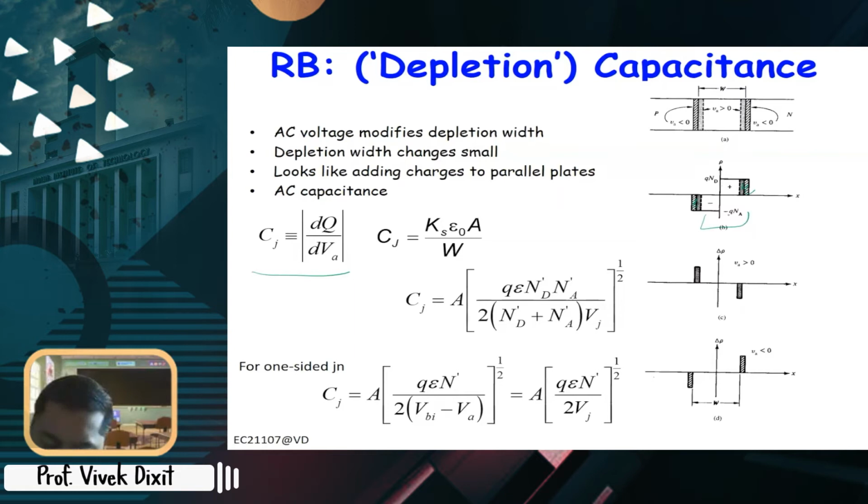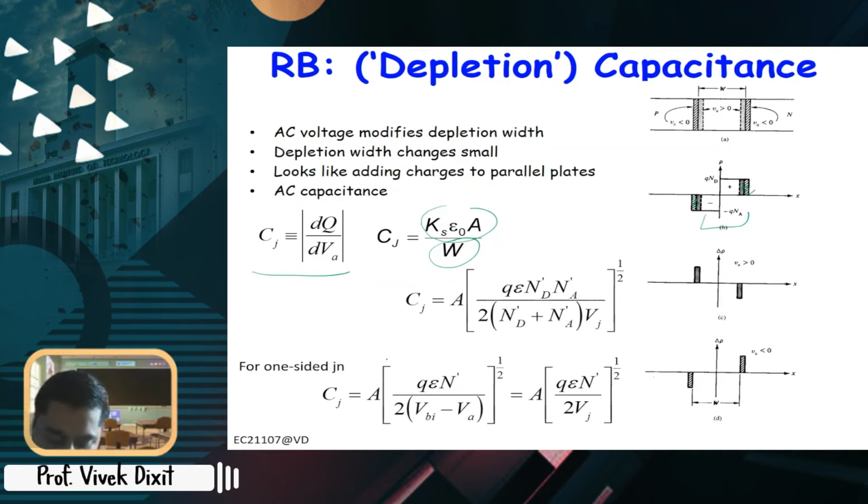Because charge is added at the two sides of the depletion region, you can say it is the charge added divided by the width, so you can write epsilon A by W. W is basically the width of the depletion region. So you can directly write it or you can differentiate, and you will get the same expression using both methods.